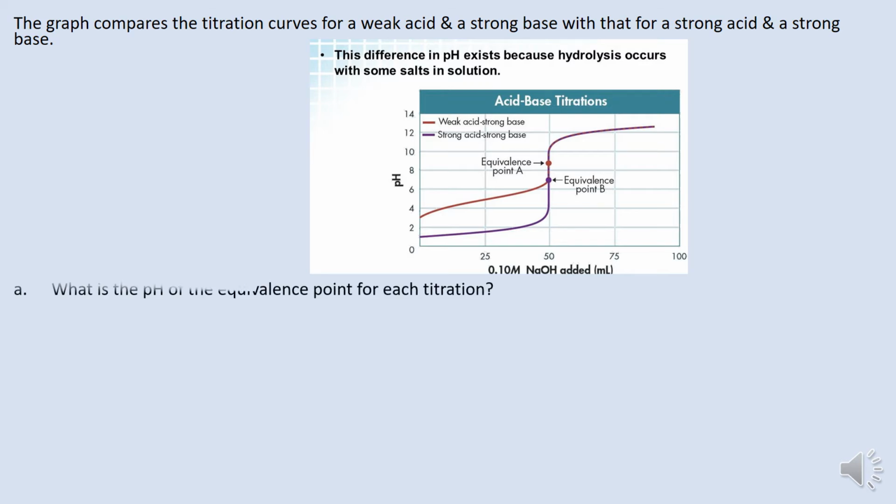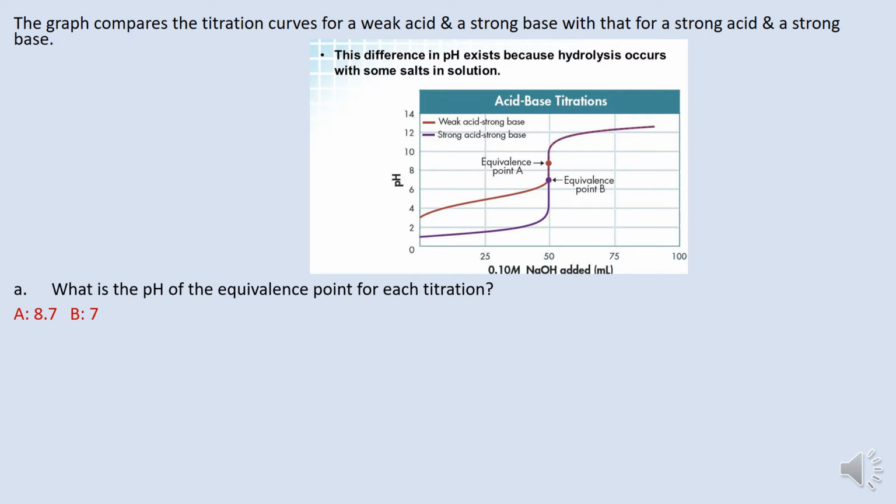Now the first question: what is the pH of the equivalence point for each titration? Examine the curve well. With respect to A, it is between 8 and 10. The answer is 8.7. With respect to B, it is 7. Do you remember that the equivalence point of strong acid and strong base is 7?